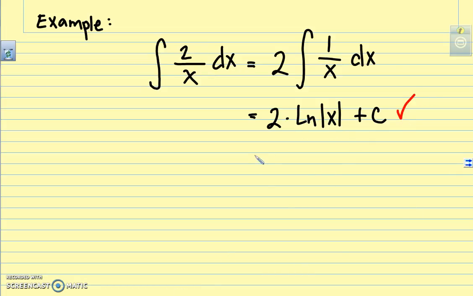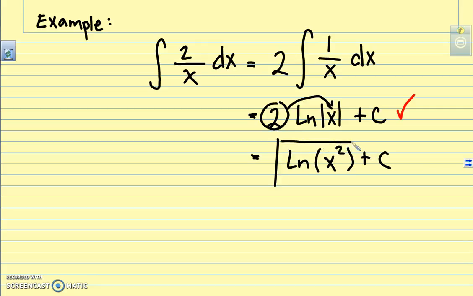You can also take this a step further and use a property that you learned back in either trig or algebra 2, where you send the 2 up and write it as an exponent, and write natural log of x squared plus c. And when you write it this way, you don't have to write the absolute value anymore, because no matter what x is, when you square it, it'll never be negative. So there's no need to write the absolute value bars here.